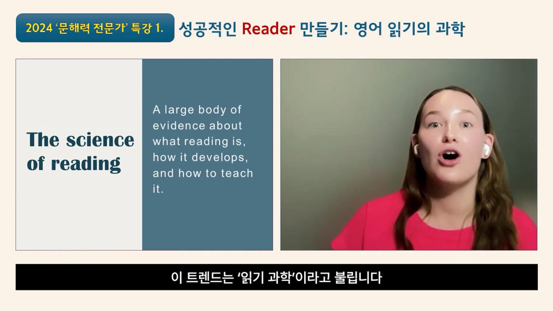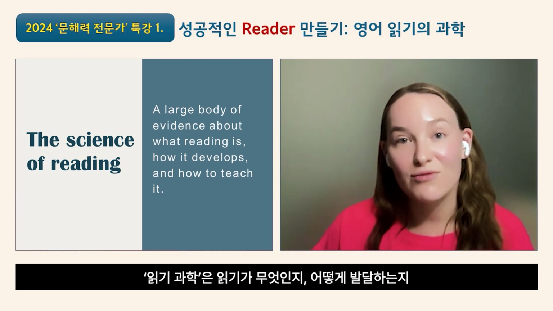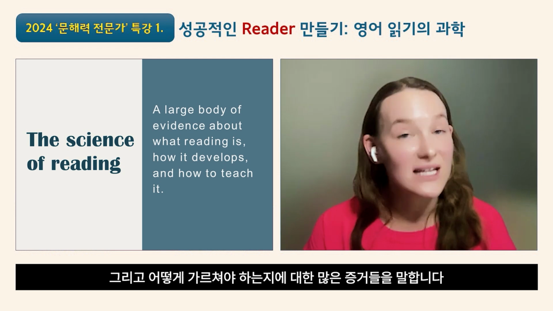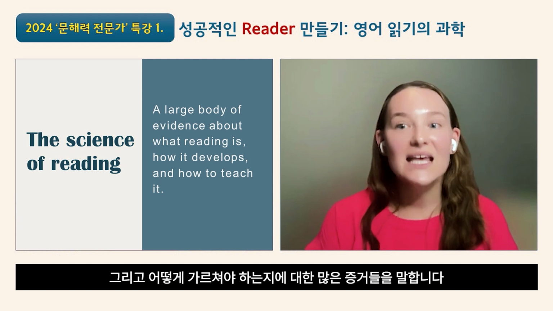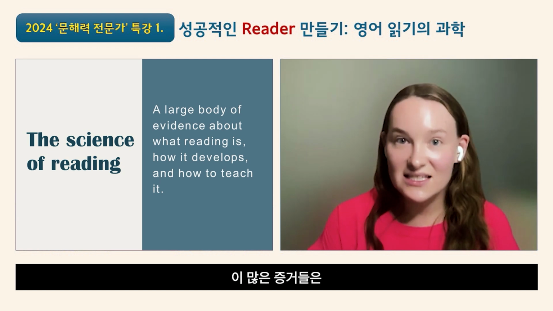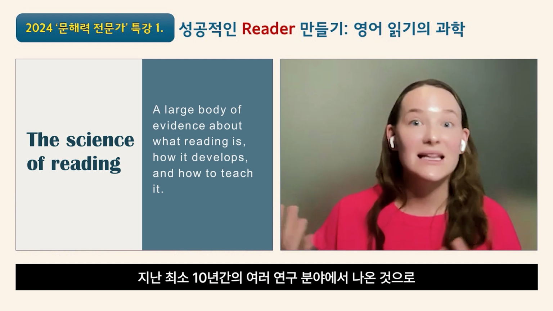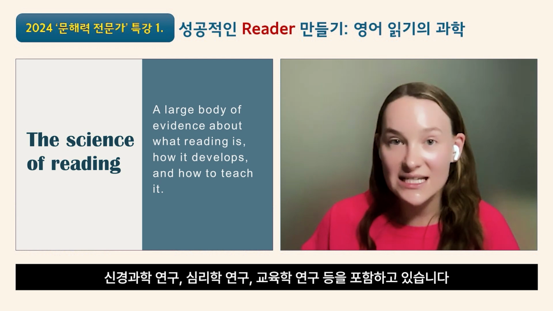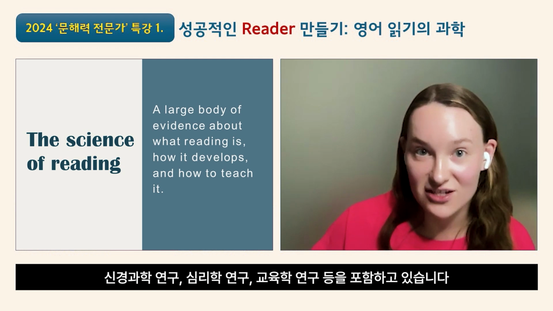This trend is called the science of reading. The science of reading refers to a large body of evidence about what reading is, how it develops, and how to teach it. This body of evidence comes from multiple arenas of research from at least the past 6 decades, including neuroscientific research, psychological research, and education research.